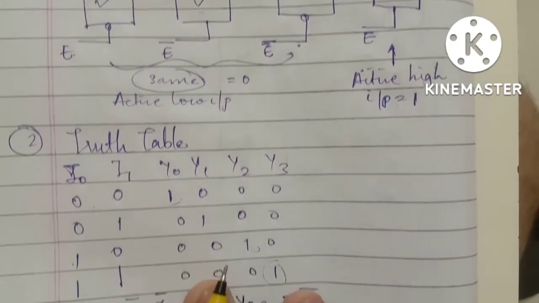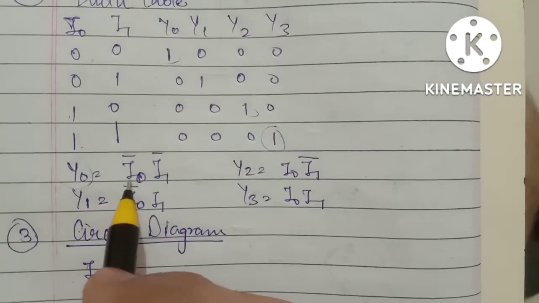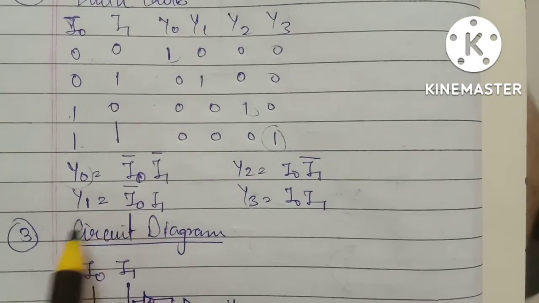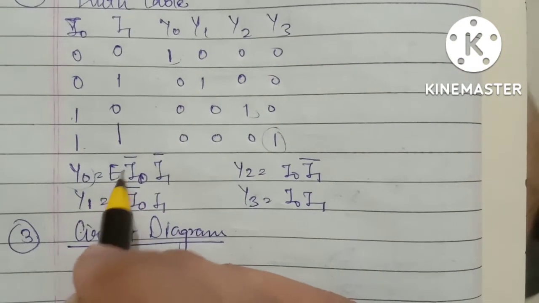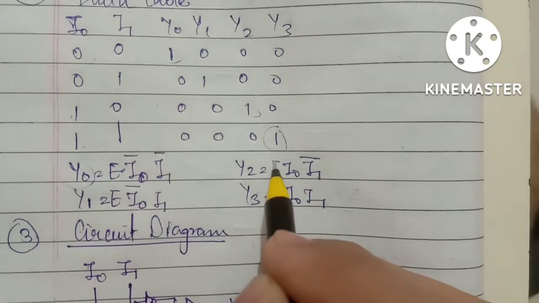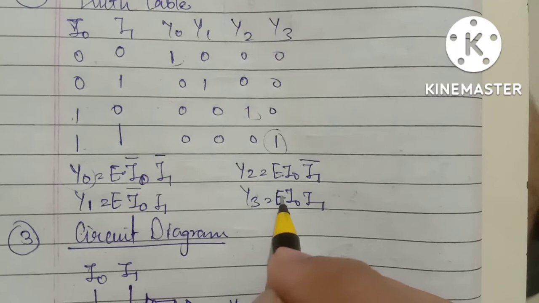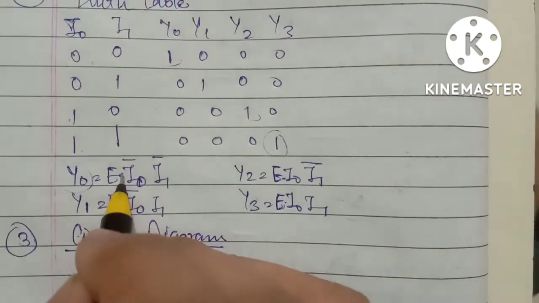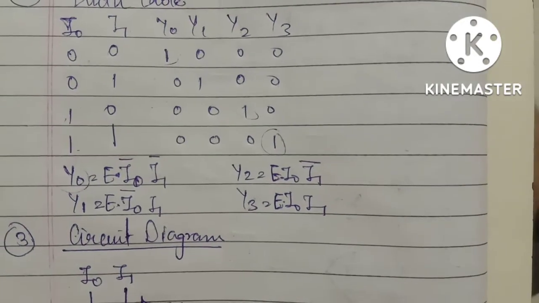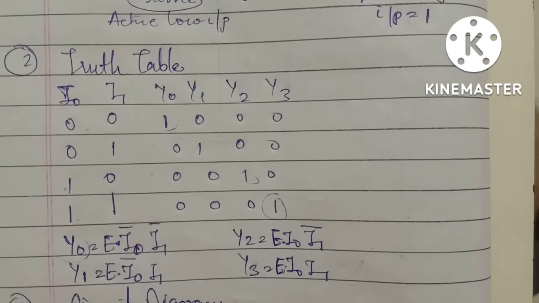One thing I left out: I wrote the equations without the enable, but if E is given, you have to add E in every case, multiplied with the minterms.